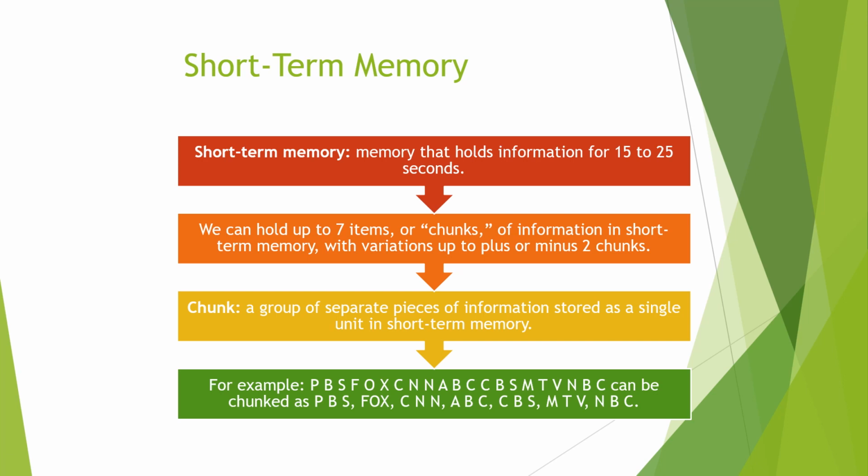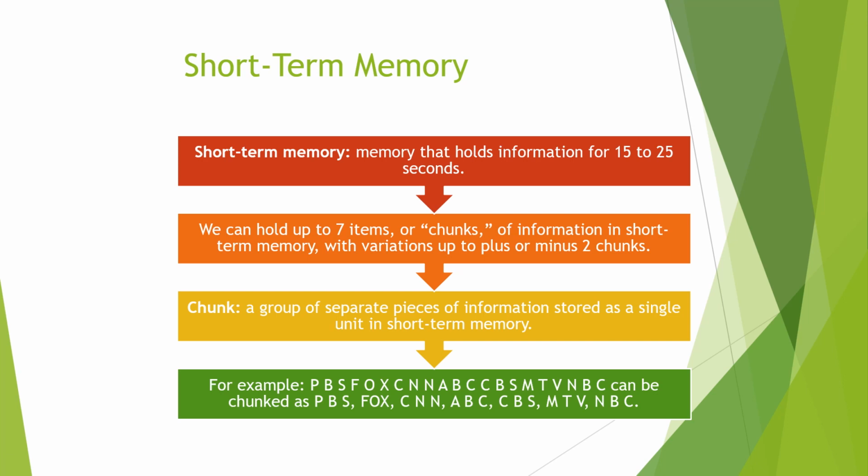It would be extremely hard to remember 21 different bits of information. That's much larger. Remember, we said that you can only hold about 7 plus or minus 2. So that's 5 to 9 bits of information. And so in order to remember these 21 separate bits, we're going to chunk them into smaller units.